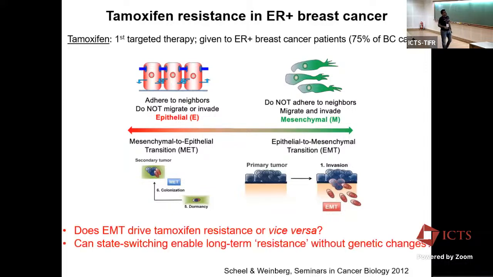So the question we were asking is, are EMT and drug resistance connected? Why do you see that when a patient gets metastasis, the same drug which worked for a primary tumor stops working for metastasis? If they're back to being epithelial, that drug should work, right? But something has changed in that entire process, which again is something we are working on, so I'm not going into the details of that.